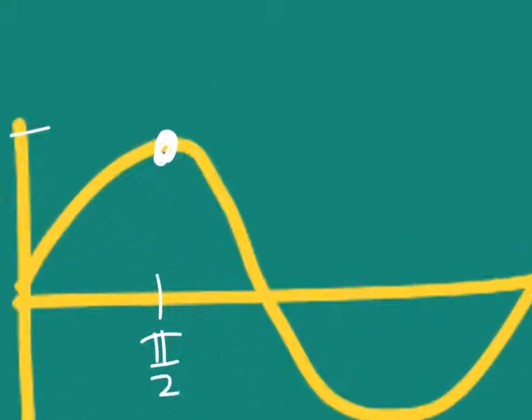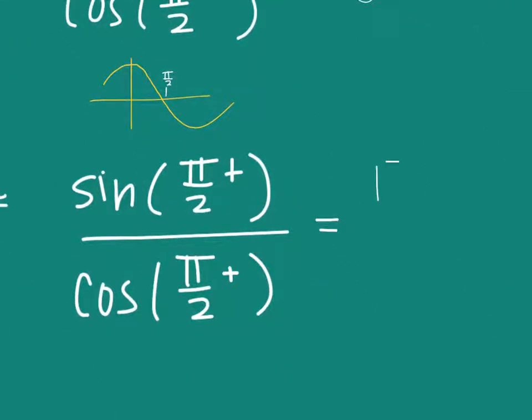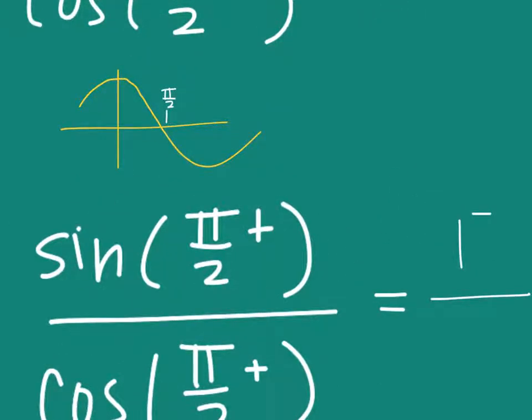Okay, I'm still on the lower side, right? Because this is 1, and these 2 points right here are both 1 minus, and that is also 1 minus, because I'm lower than 1. And so the value of that is also 1 minus. Cosine, okay, looking at the graph right there, when I'm beyond pi halves, I'm pi halves plus, I've crossed the x-axis, and I've now crossed into a different quadrant.